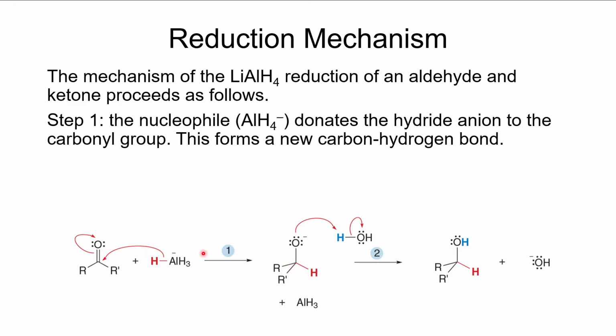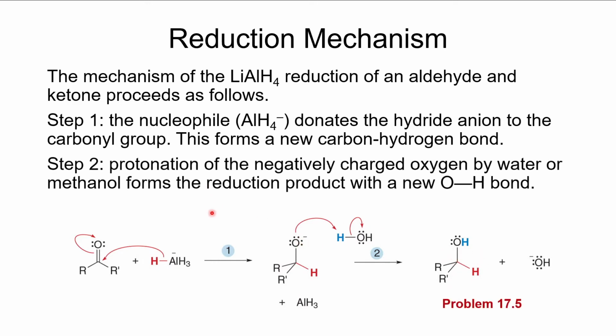So we've created a new carbon-hydrogen bond in the process. And it will stay like that, if we're using lithium aluminum hydride, until we add water to our mixture. When we add water, that water will protonate the alkoxide to give us this alcohol.